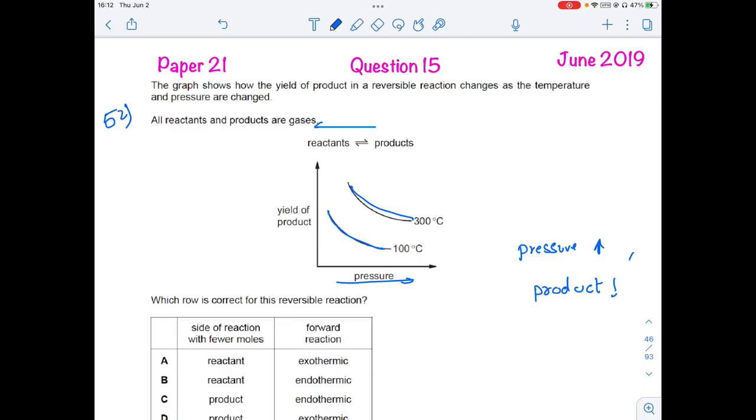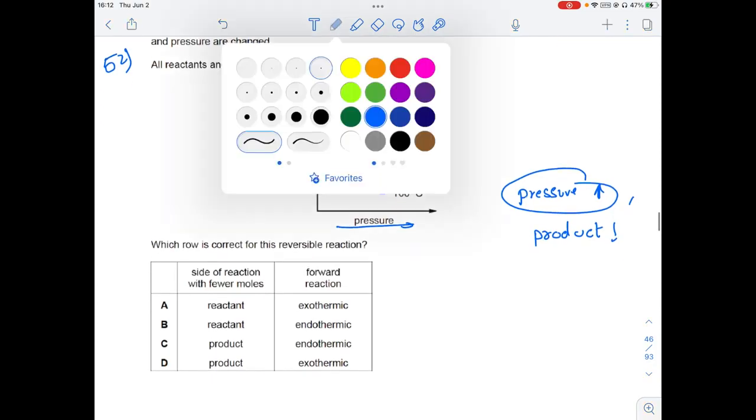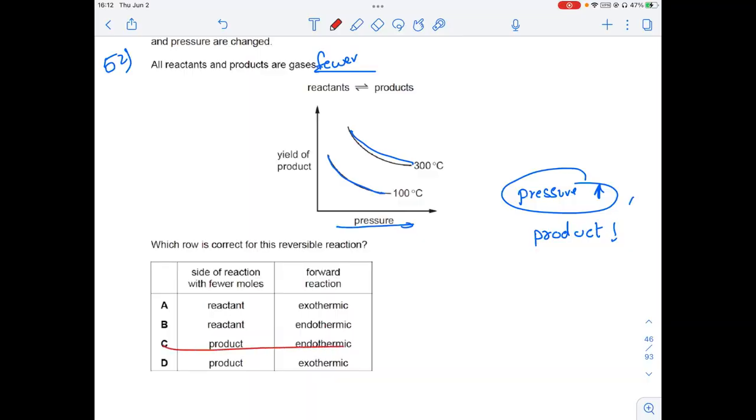The backward reaction will have fewer molecules, because the reaction will be favored in the direction where there are fewer molecules if the pressure is increased. So obviously the reactants will have fewer molecules. Which options say that the reactants have fewer molecules? Option A or B. So options C and D are totally wrong.